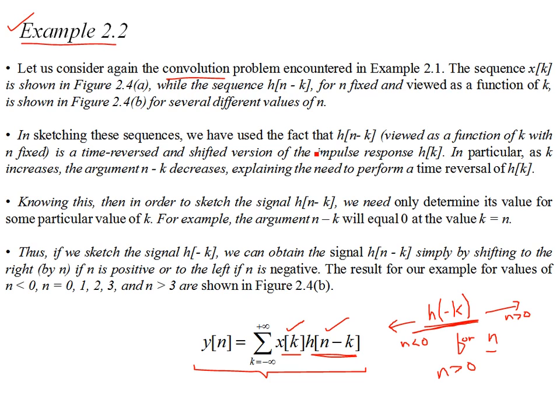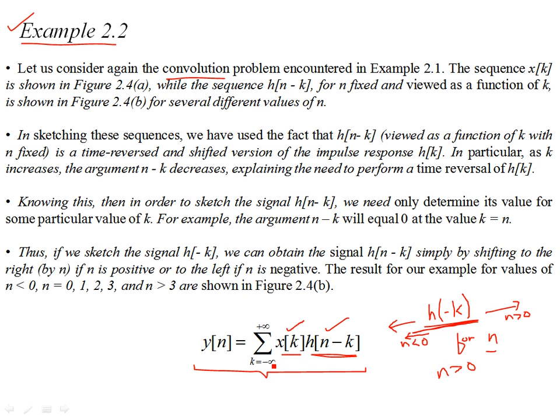So for n less than 0, my reflected or flipped impulse sequence is going to shift towards left.